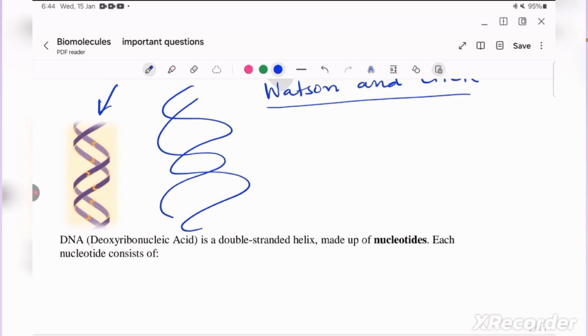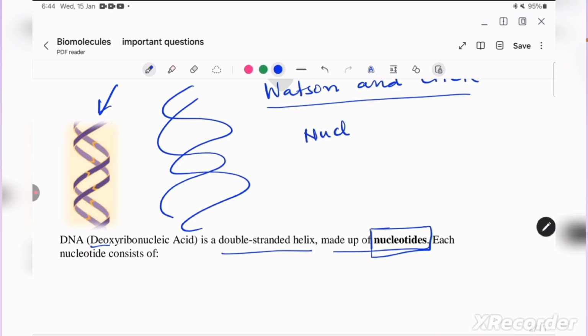So children, DNA stands for deoxyribonucleic acid, and it is a double-stranded helix made up of nucleotides. So the basic building block of DNA as well as RNA is a nucleotide.